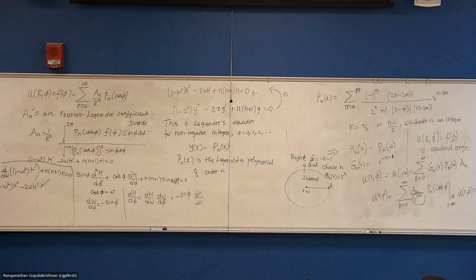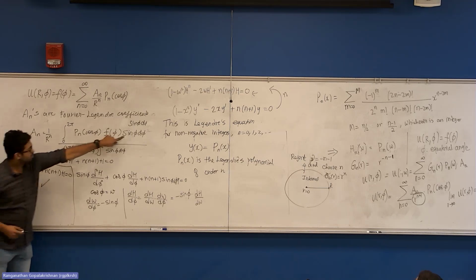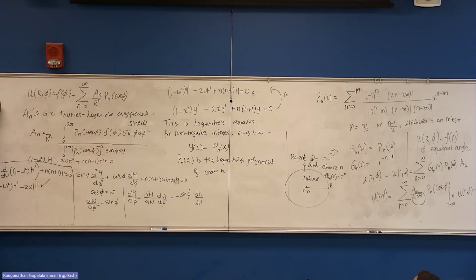Again, there's a sine theta, this one. So we think of a sphere, and the surface of the sphere is defined by r equal to R, because this expression is evaluated on the surface of the sphere.